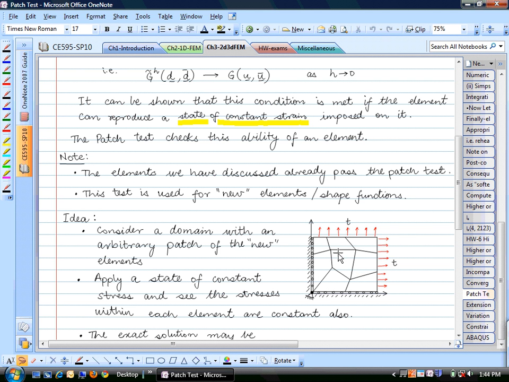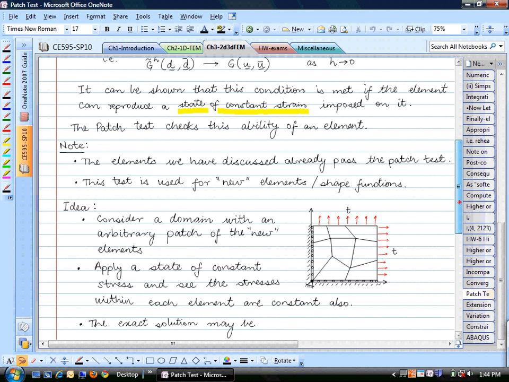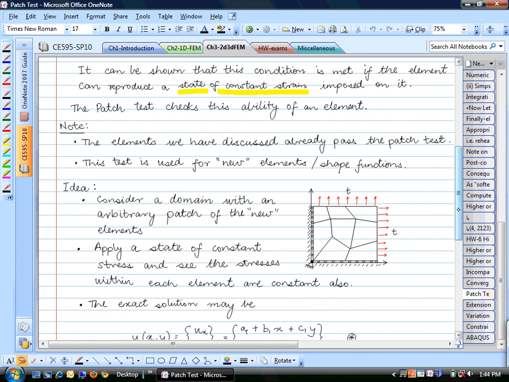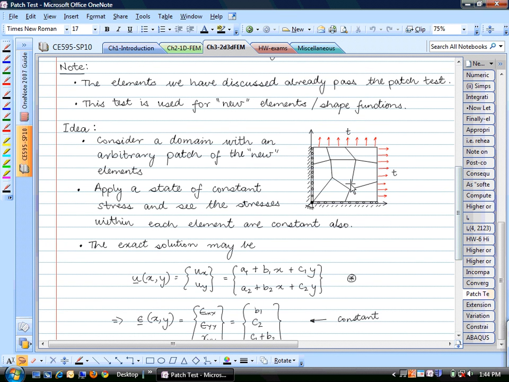If it is exactly reproduced in every element, then you can say that your element passes the patch test and it is a good element that will converge when you refine the mesh. If it doesn't pass the patch test, then you cannot say that your error is within h square of something. You might get instability, you might get locking. Those are lots of different types of problems you can encounter if your element does not pass the patch test.